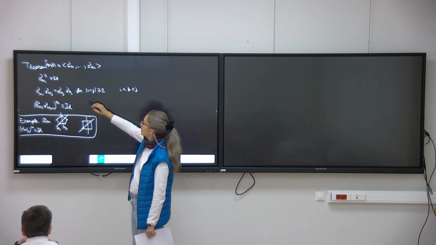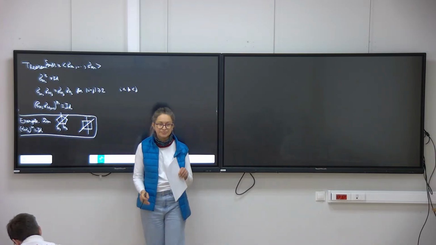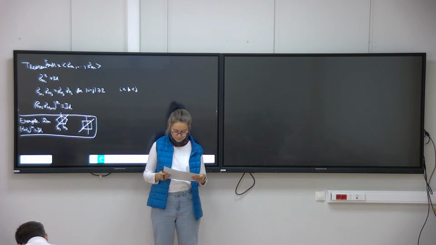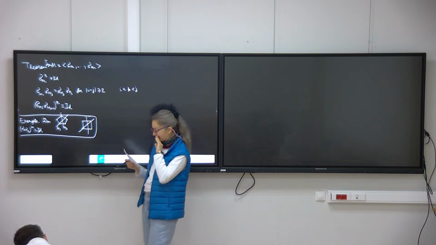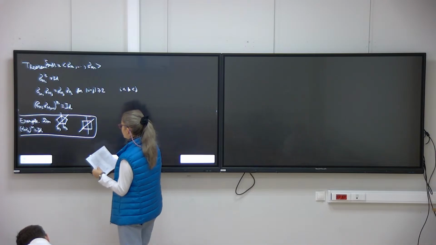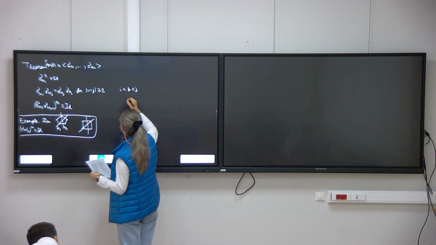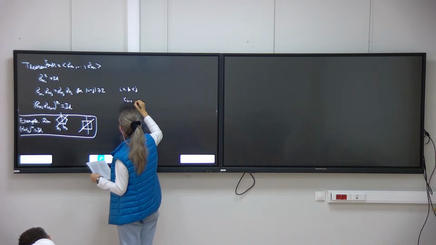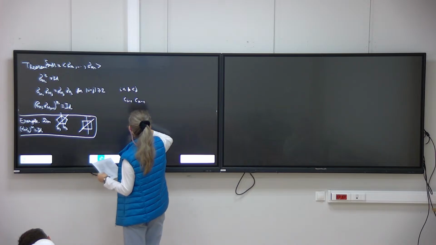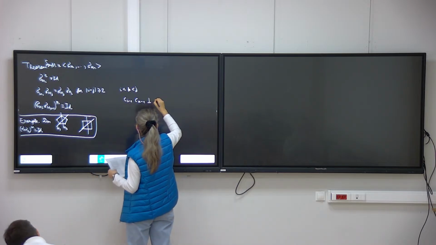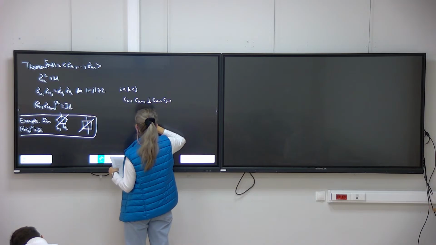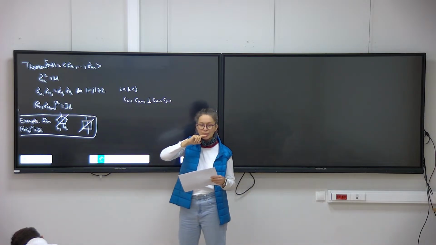Okay, why are these hyperplanes orthogonal? What do we know? We know that C i minus 1, C k minus 1 is orthogonal to C k minus 1, C j minus 1. Okay?